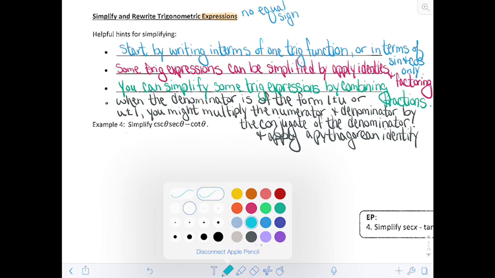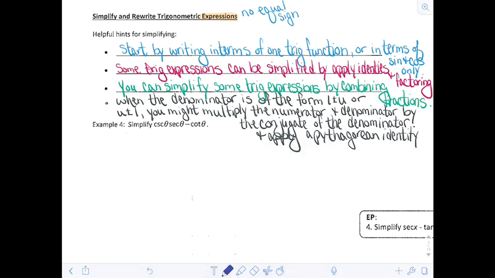So cosecant and secant minus cotangent. If I want to simplify this, I'm going to remember that cosecant is 1 over the sine of x, or theta. And then I know that secant is 1 over cosine of theta, right? We try to write in terms of 1 trig function or in terms of sine and cosine. We can do a lot with sine and cosine.